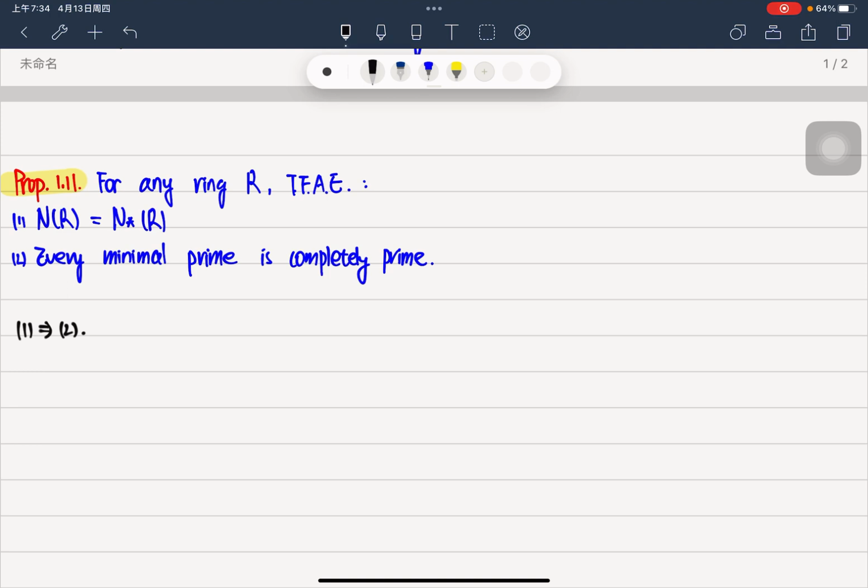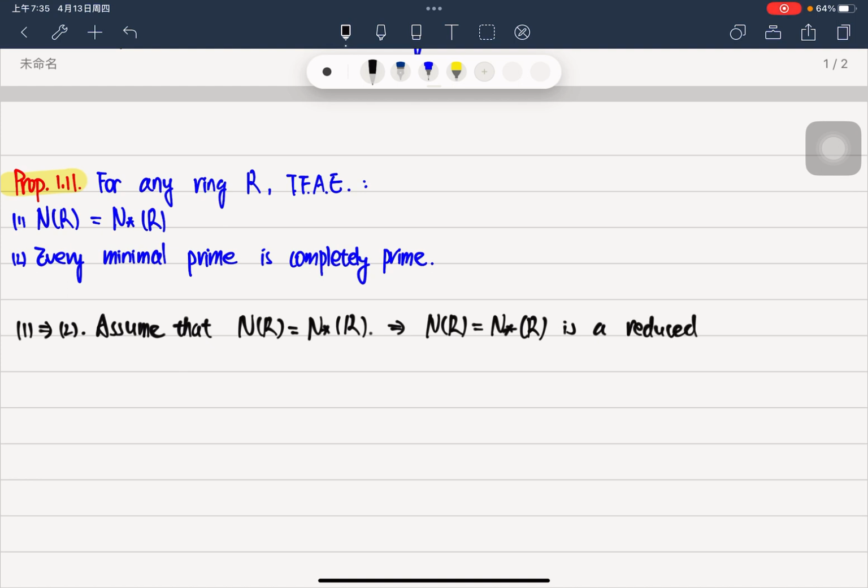One implies two. First, I'll assume that NR is the prime radical. Then we notice that it is a semi-prime ideal of R. And moreover, this is a nilpotent ideal.